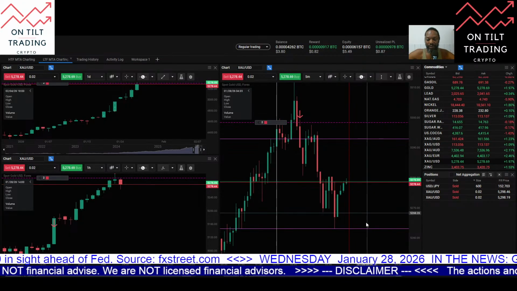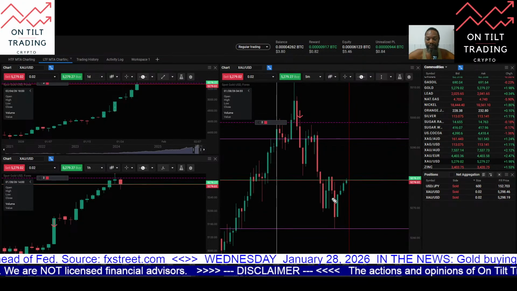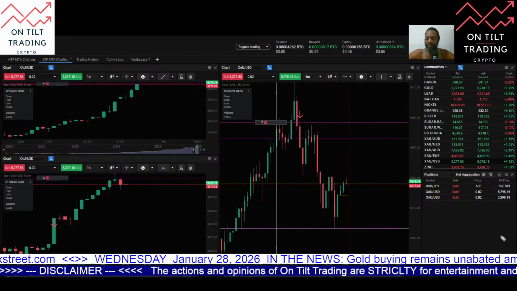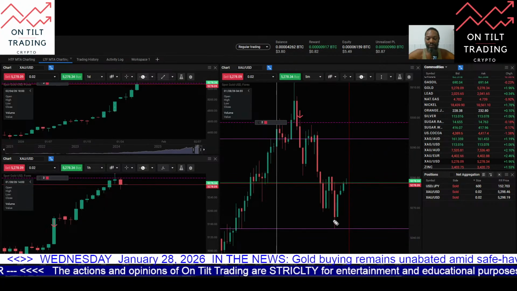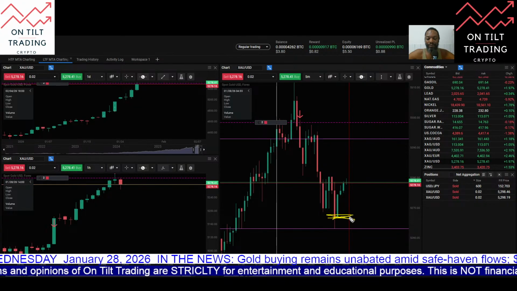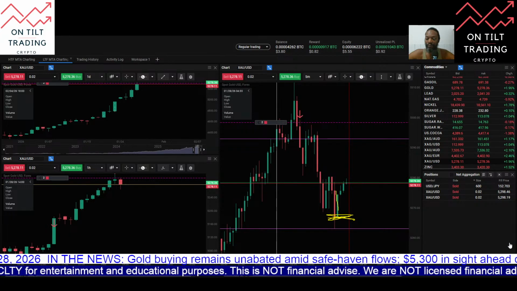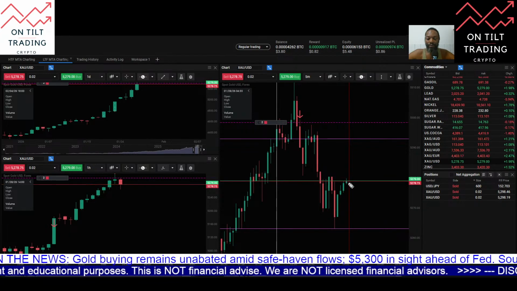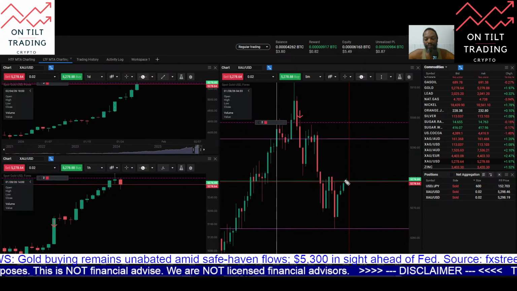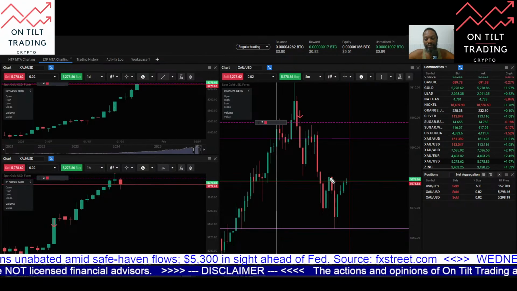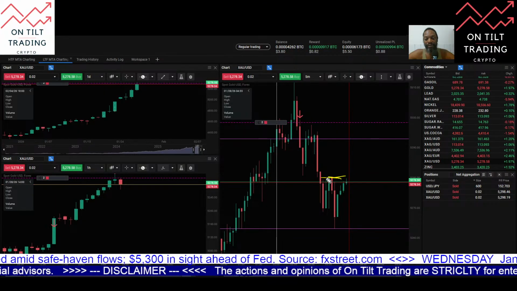Bit of a funky pattern here. As I mentioned, this liquidity has now been swept, but there's still liquidity right here below this candle. Price may want to deliver here. There may be some, or there is liquidity up here.